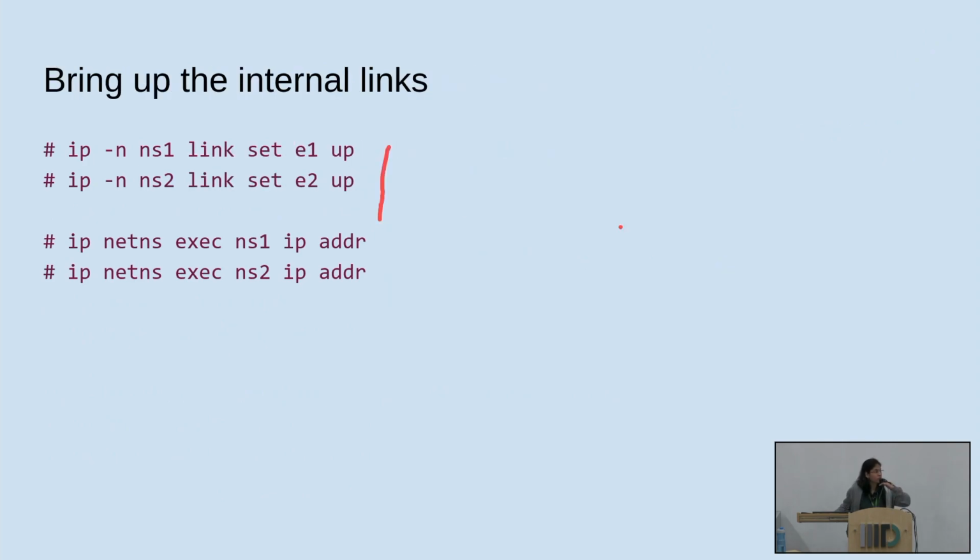You had added BS1 and B1 and B2 to NSB, right? To the bridge.